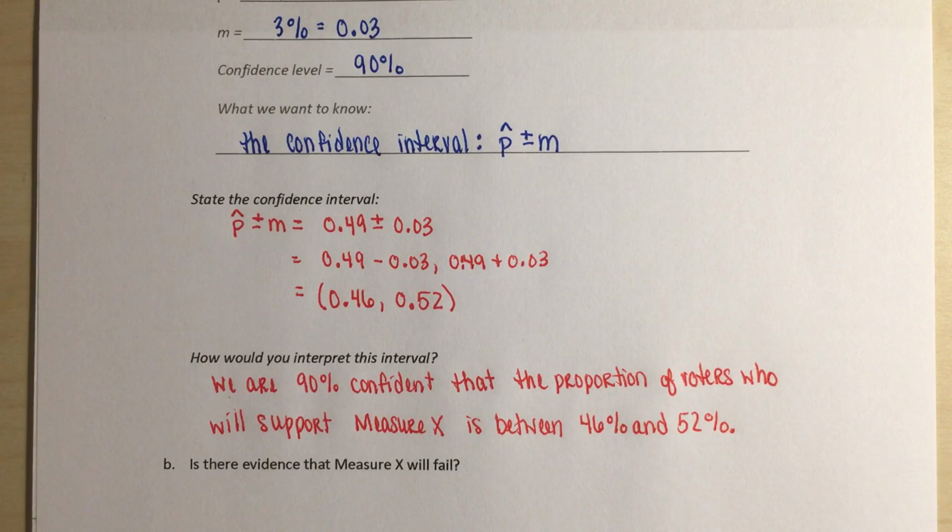So in our interpretation, we start off with our confidence level, then we talk about whatever proportion we're looking at, and then we tell the range of percentages that we have. So we're 90% confident that the proportion of voters who will support Measure X is between 46% and 52%.